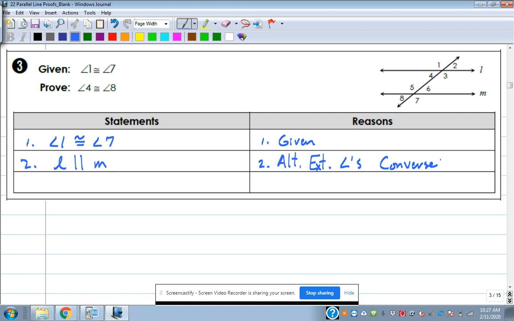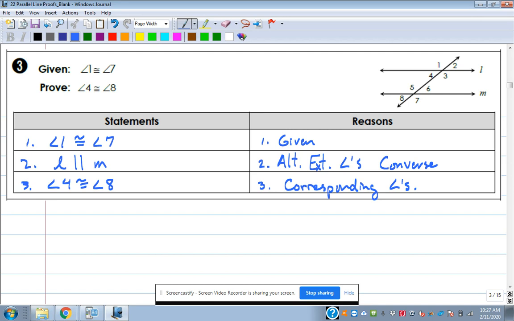And then because they are parallel now, 4 and 8 are corresponding angles. So 4 congruent to angle 8 through corresponding angles. That's nice. Nice and direct.